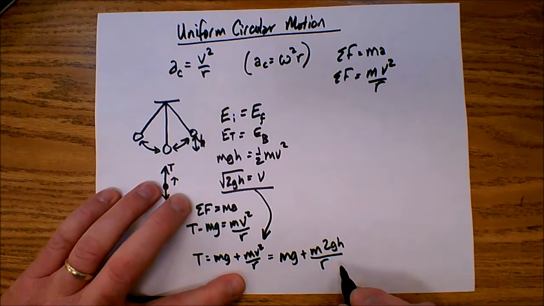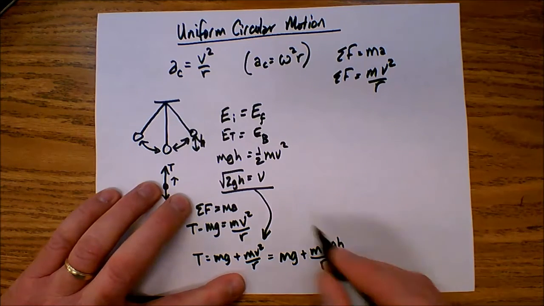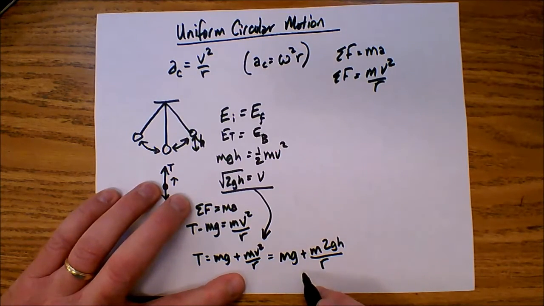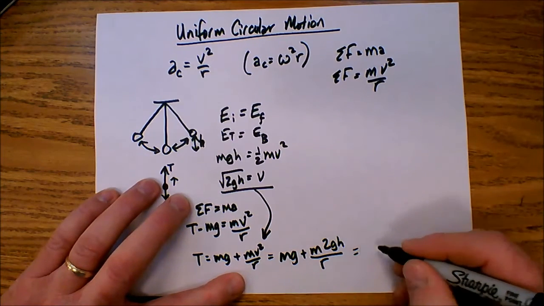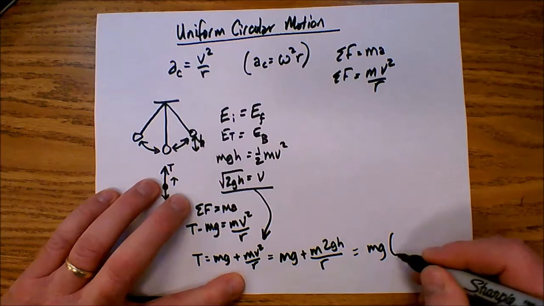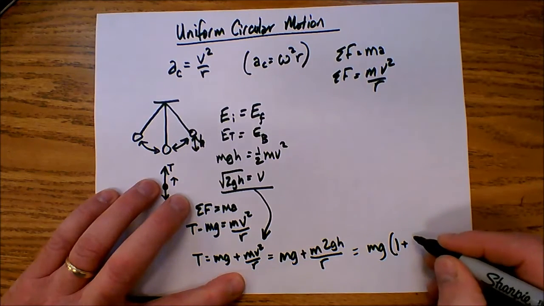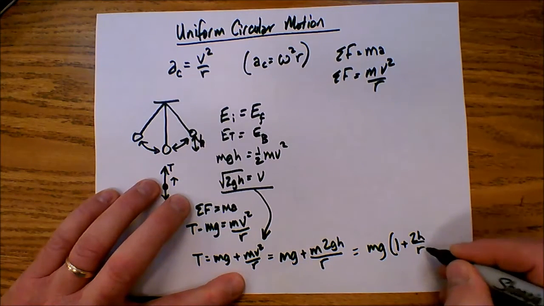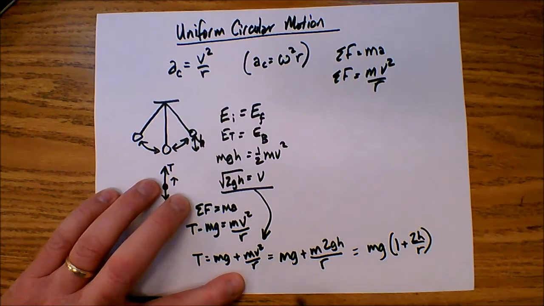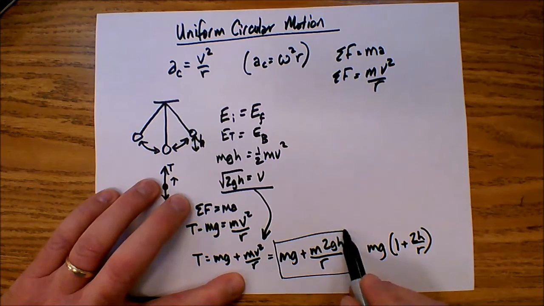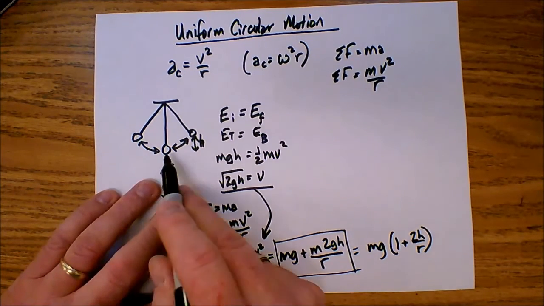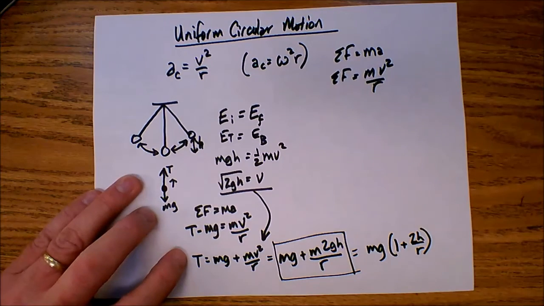If we had a mass and a radius and the height change here, we would be able to figure out what the tension is. Symbolically, this would be our tension. We could factor out mg, then we'd have 1 plus 2h over r, but we wouldn't need to go that far. This far would be sufficient. That is the tension of the pendulum bob at the bottom of its swing.